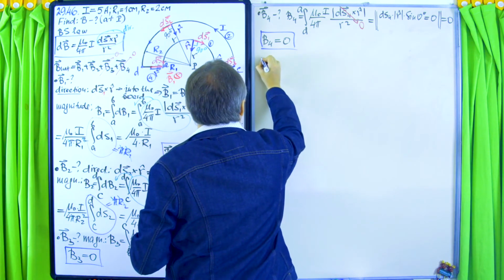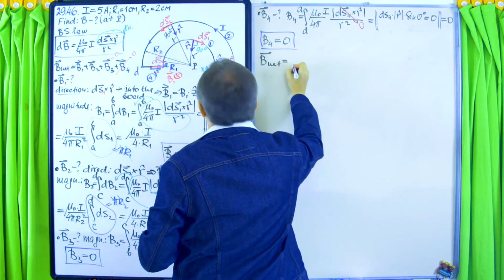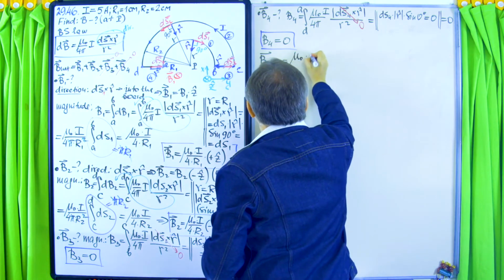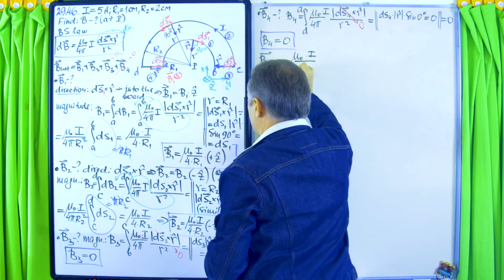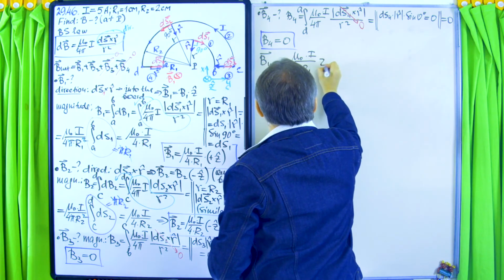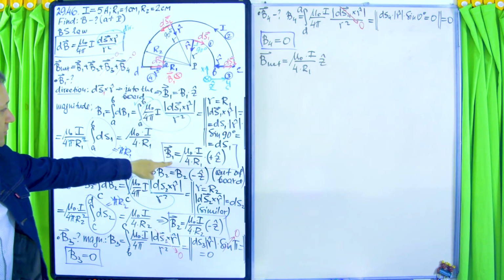So now I can write B net equals B1, mu naught times I divided by 4R1 in the z hat direction. So it's just B1, I just rewrote it.